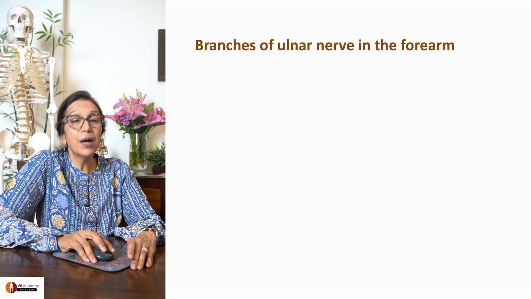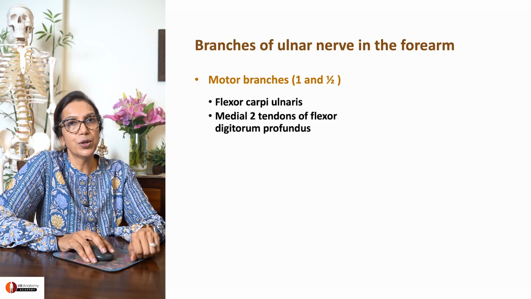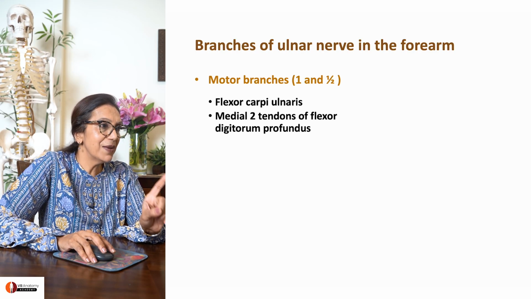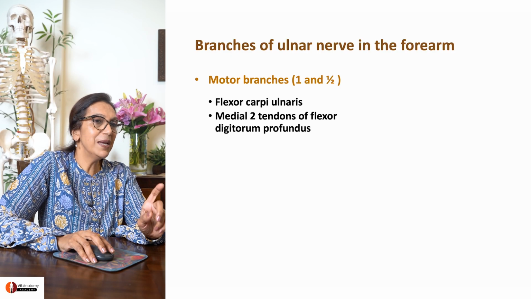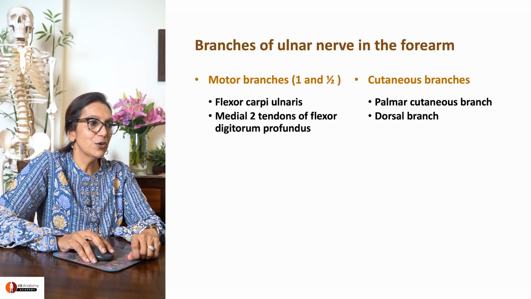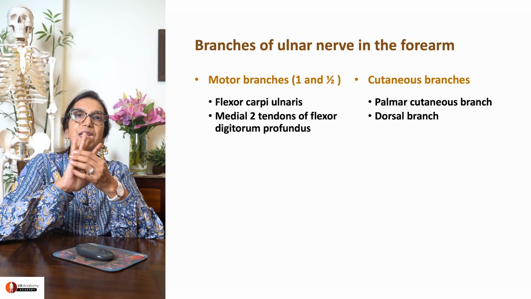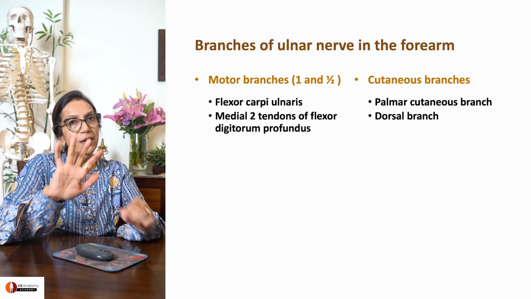Ulnar nerve in the forearm does give rise to branches. It gives rise to 1.5 motor branches: 1 branch to the flexor carpi ulnaris and half a branch to the medial 2 tendons of flexor digitorum profundus. So which two tendons? Tendons to these two digits: the tendon to the little finger, the tendon to the ring finger.